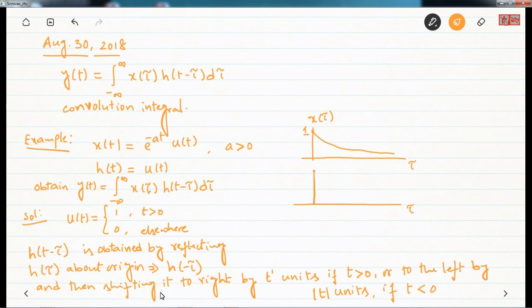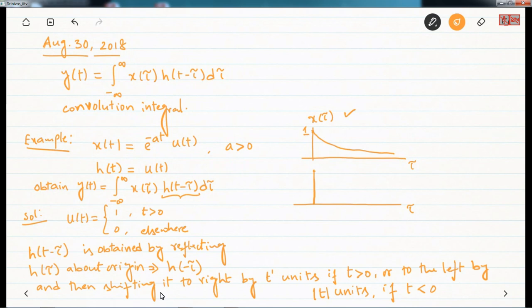So we got x of tau here, and we need to now get h of t minus tau. So how do we get h of t minus tau? We will first plot h of tau and then reflect it about tau equal to 0 to get h of minus tau. So let me show you.